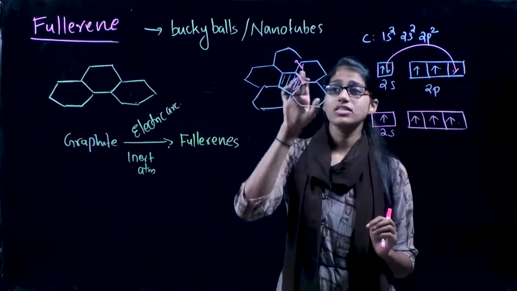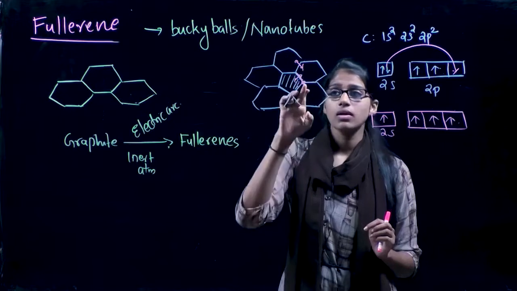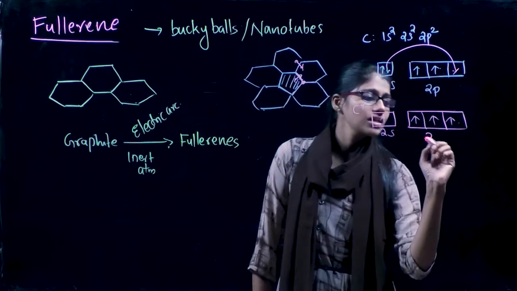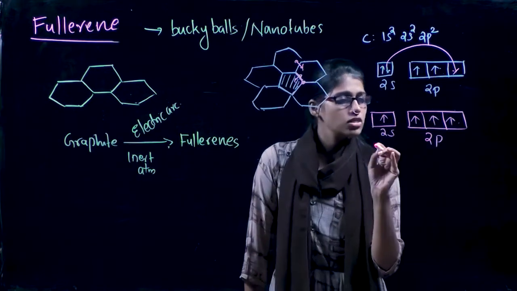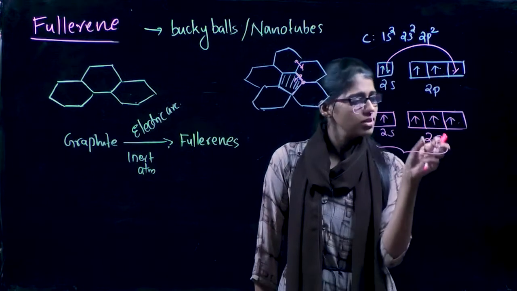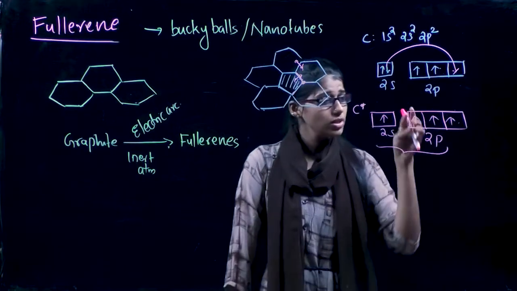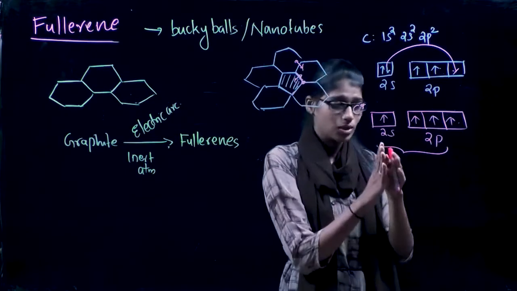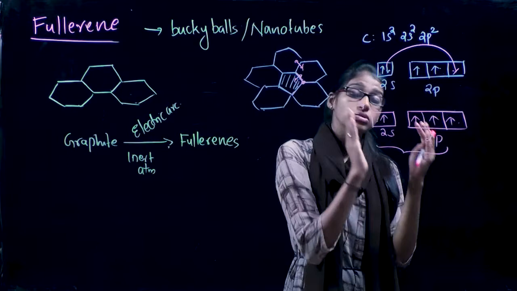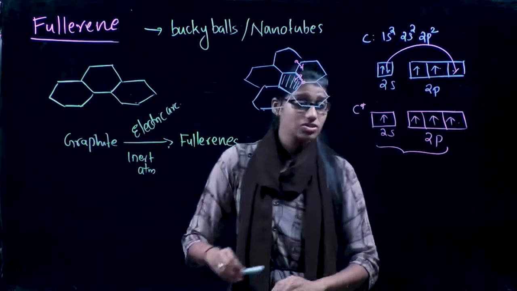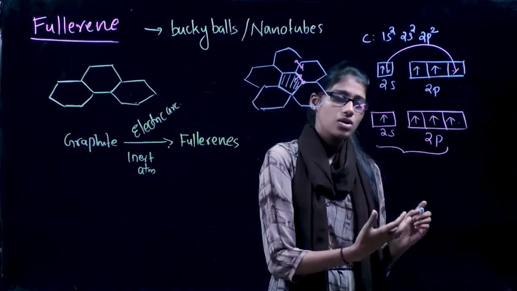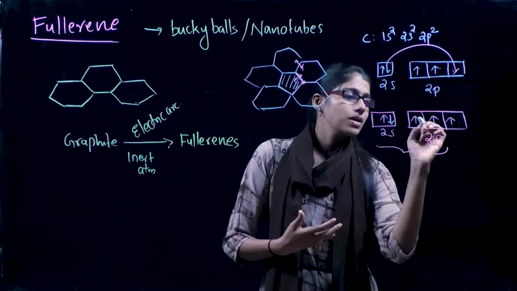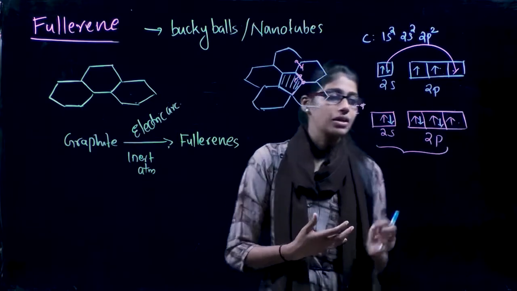Again, you need only 3 bond formation, so among the 2p you have 3 orbitals, but you need only 2 electrons from the 2p because you are already taking 1 electron from 2s, and thereby you are taking 3 unpaired electrons. To this system the next carbon will donate its unpaired electrons so that there is sharing happening.